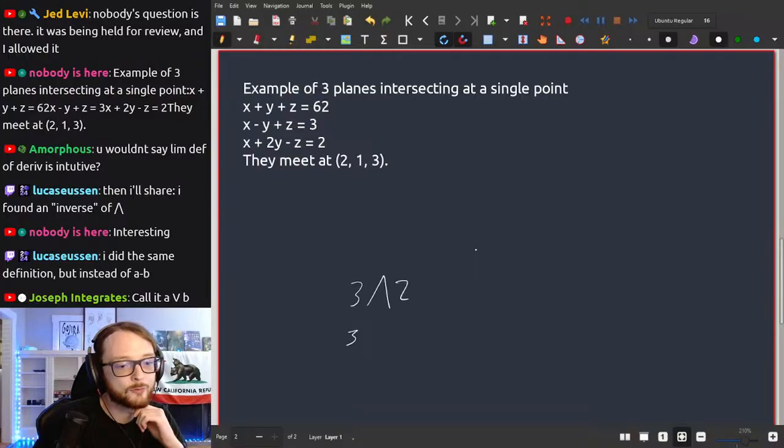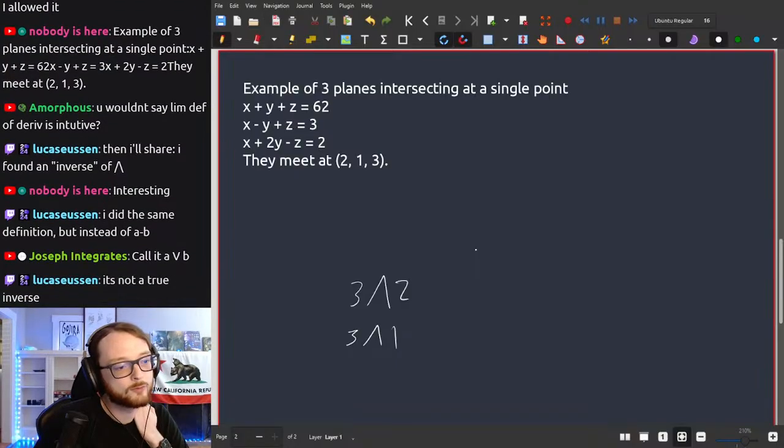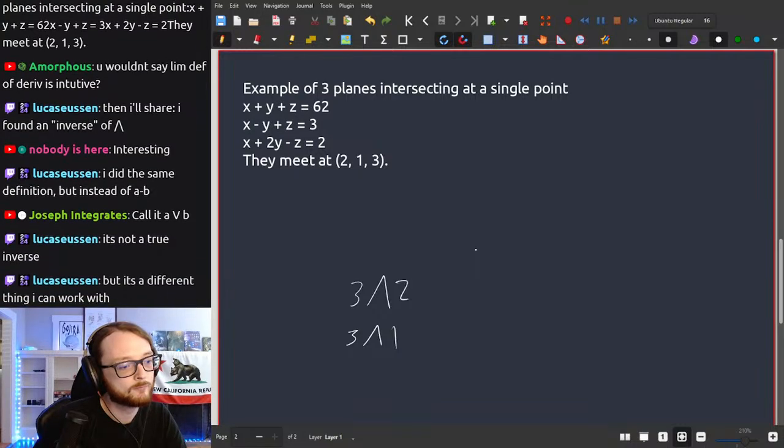It's the same thing as 3 wedge 1. And so if you just have the result, what would your inverse give you? It's not a true inverse. Okay. It's a different thing you can work with. Okay, that's fair.